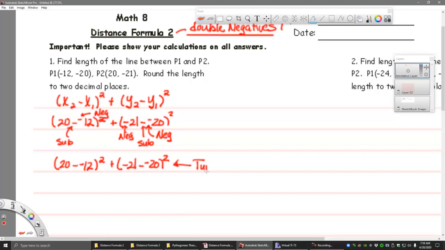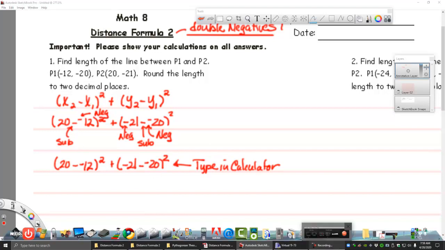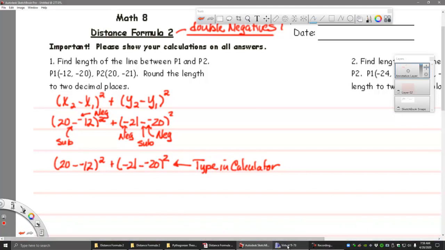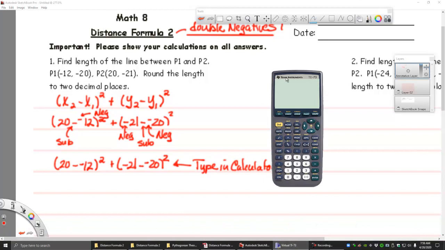And that is what you're going to type in. Just like that. It will take care of all the signs for you. Like I said, it's going to give us the number that we need. So let me get out my calculator.